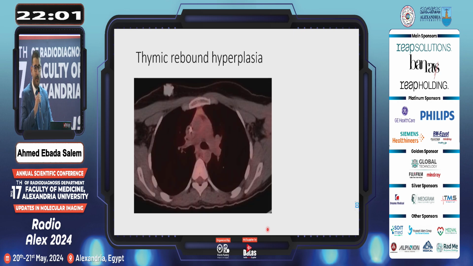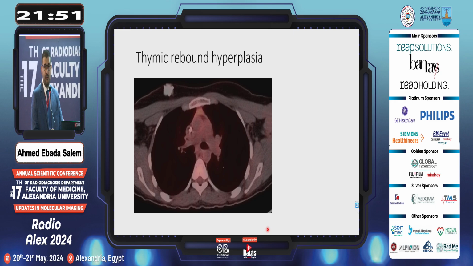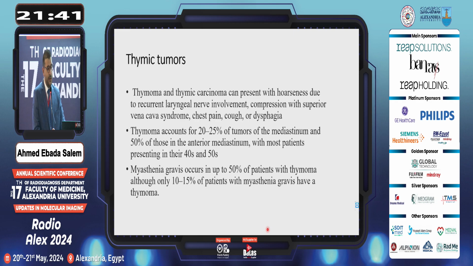So thymic rebound hyperplasia can be hypermetabolic on PET-CT. The clue is it's usually lobulated, triangular in shape, and usually there is history related to recent chemotherapy, or it can even be a normal physiologic finding in young adolescents. Thymomas and thymic carcinomas can present with local or metastatic symptoms.